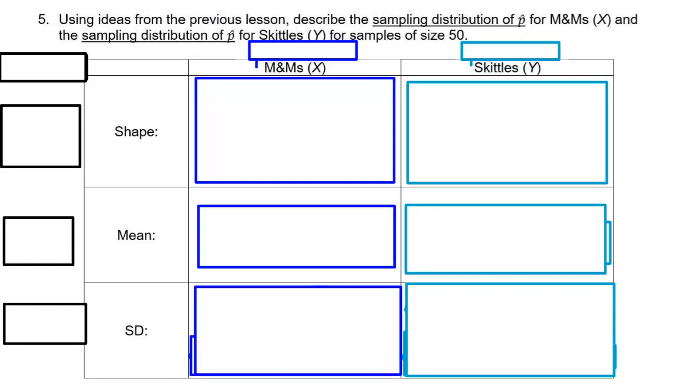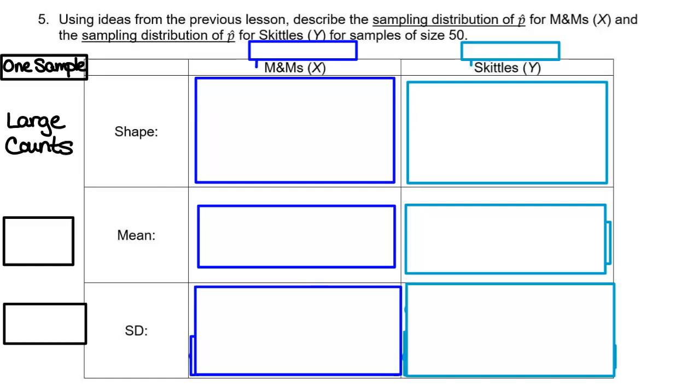And let's talk about how to actually calculate this precisely for the full sampling distribution, even though we don't have the full sampling distribution. So when I'm talking about just one sample, how do we determine the shape? Large counts, yes.